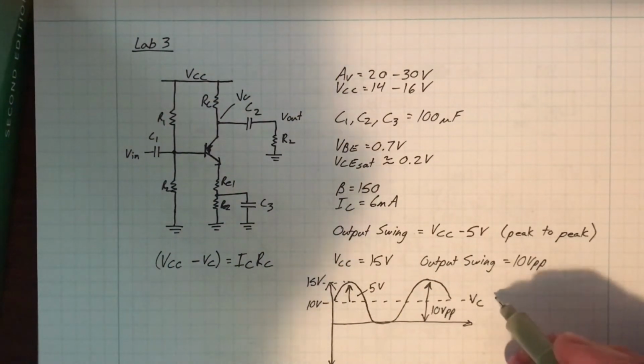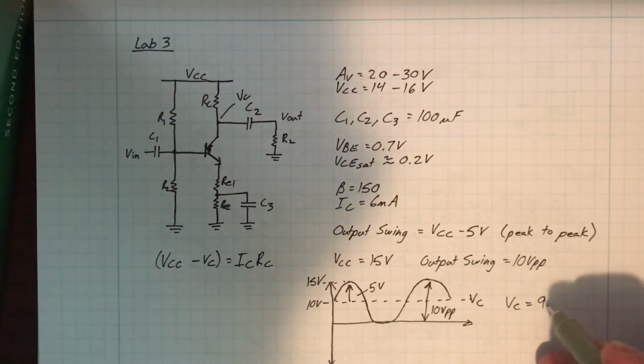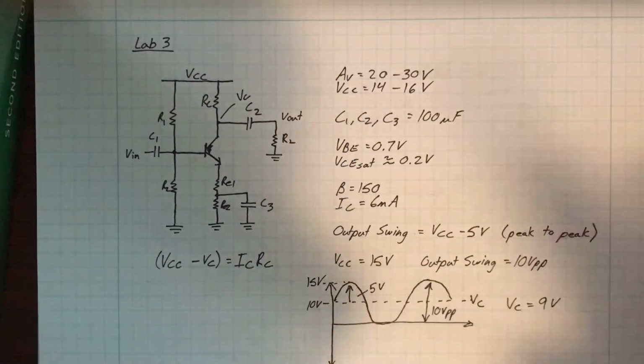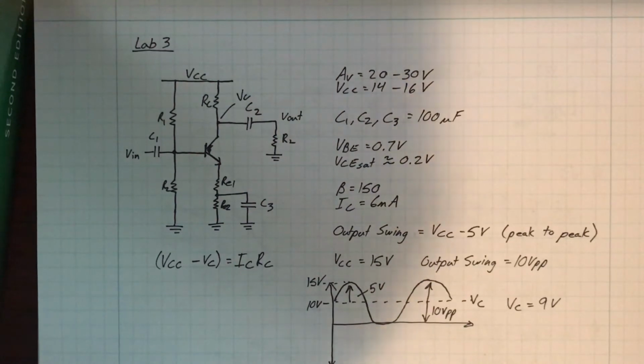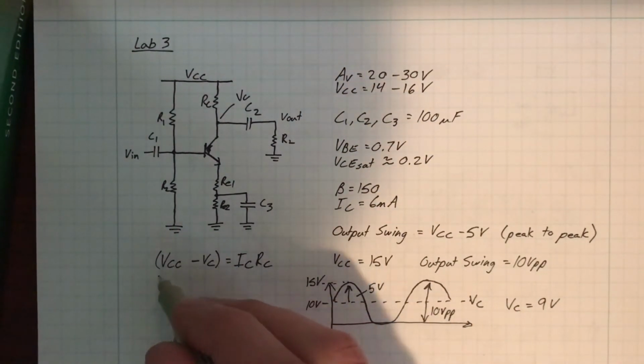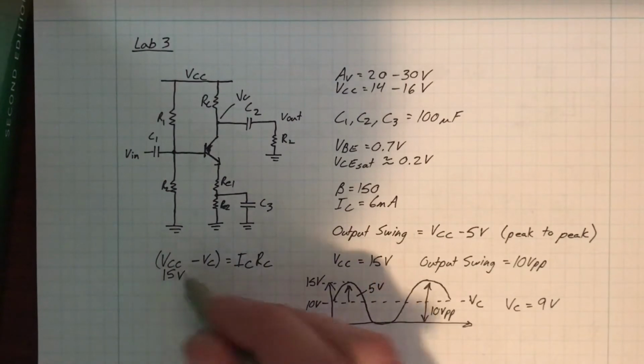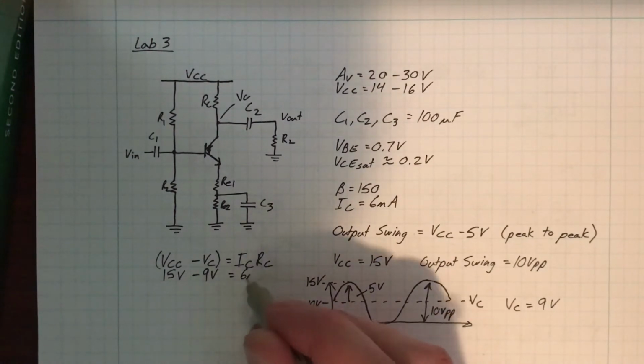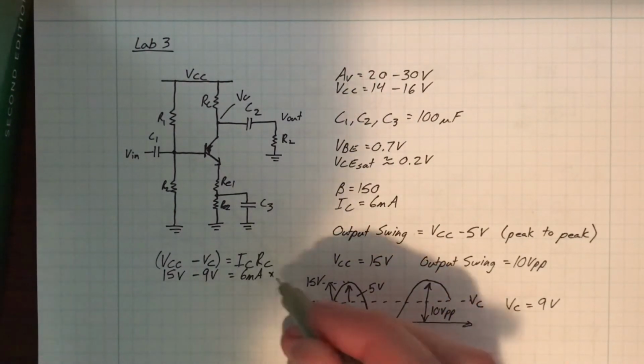So you might choose VC equal to 9 volts, such that it can swing high 6 volts before it hits the positive rail. So let's try that in this case. And so 15 volts minus 9 volts is what I chose, 6 milliamps times RC.